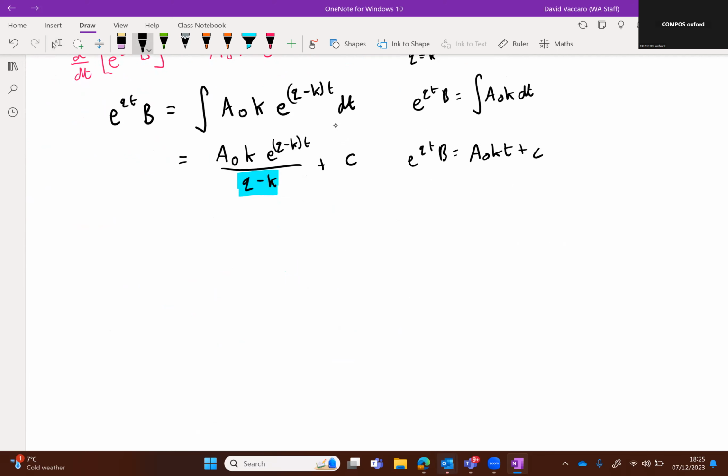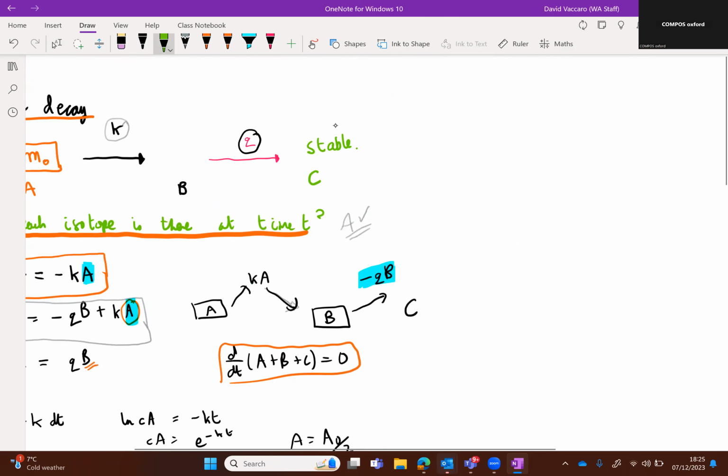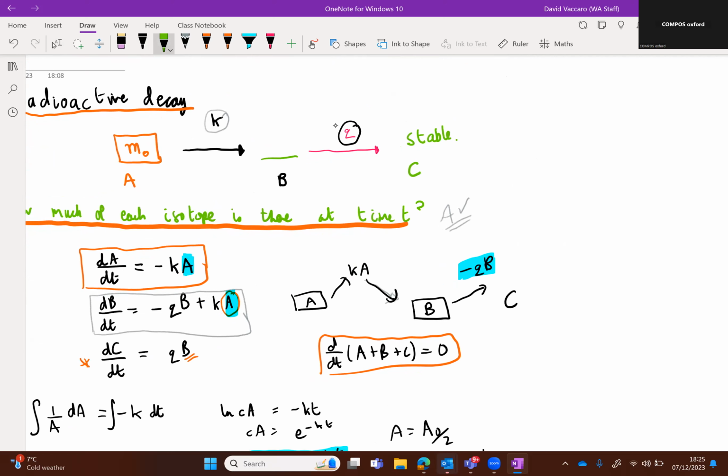What I do need to do is find the value of c. So I do need to find the constant of integration, but I can find that by remembering that in my initial conditions, I start off with no b. So b is produced only when A starts decaying.